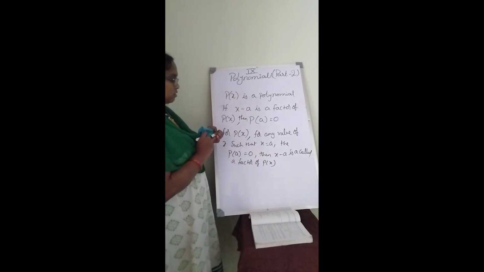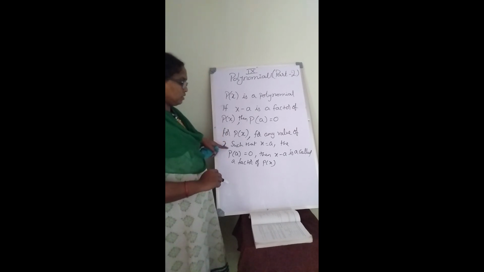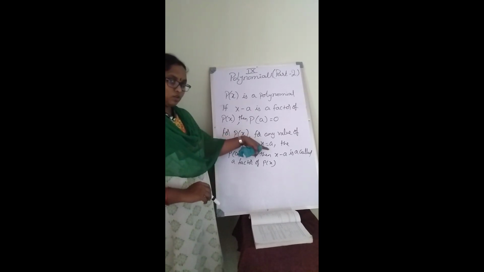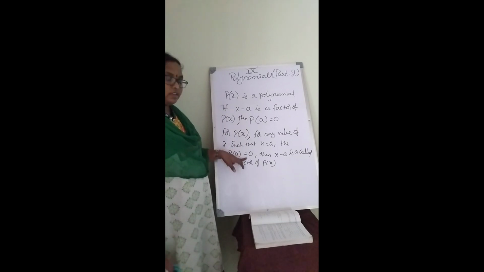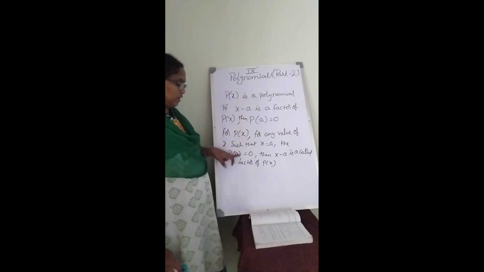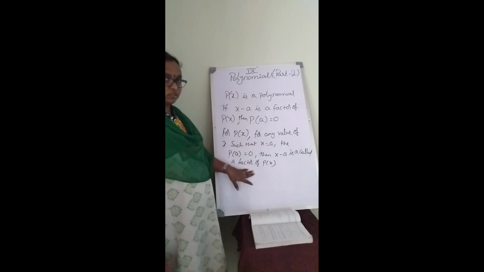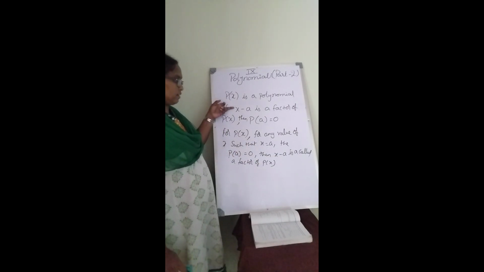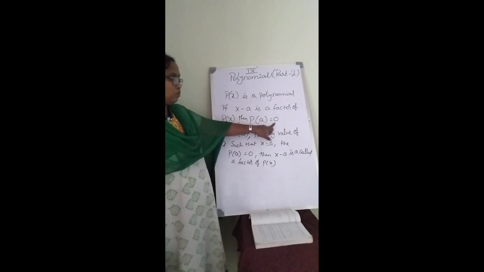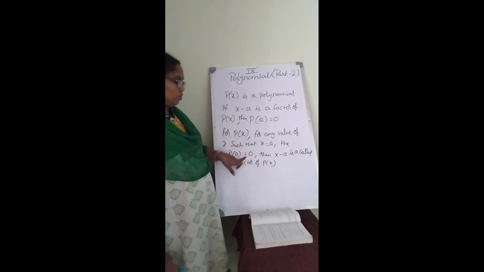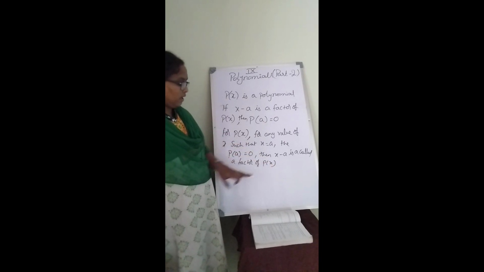If it is a factor, then p of a will equal 0. If p of a is 0, then x minus a is called a factor.